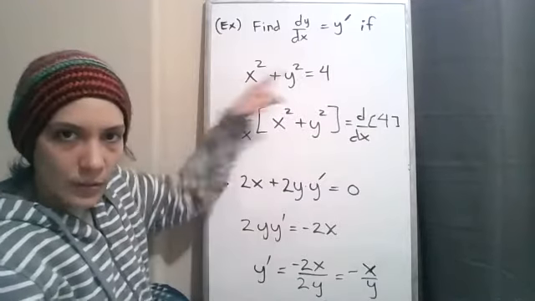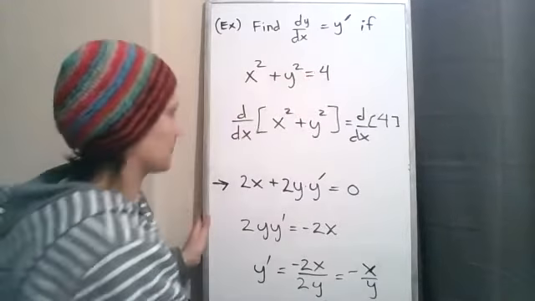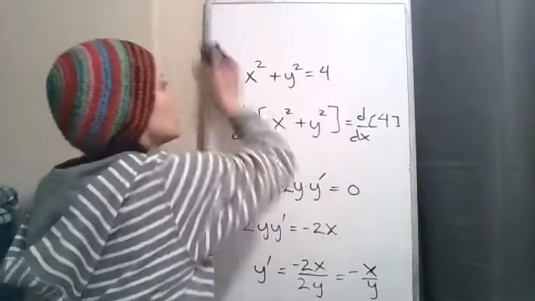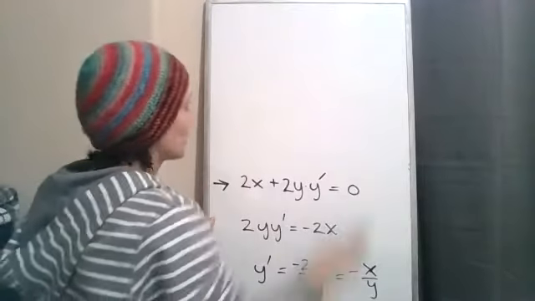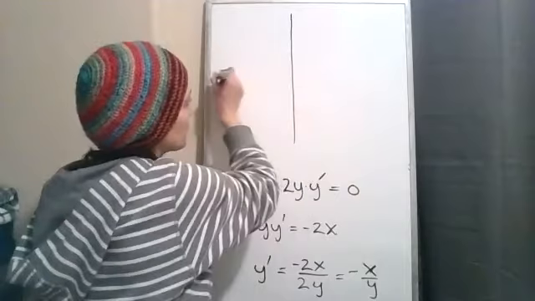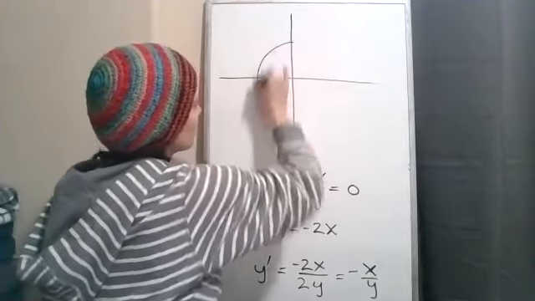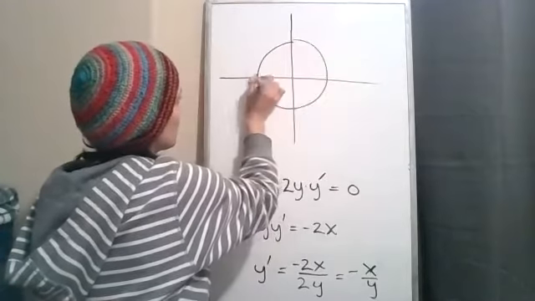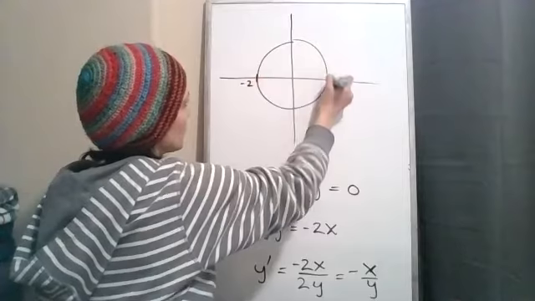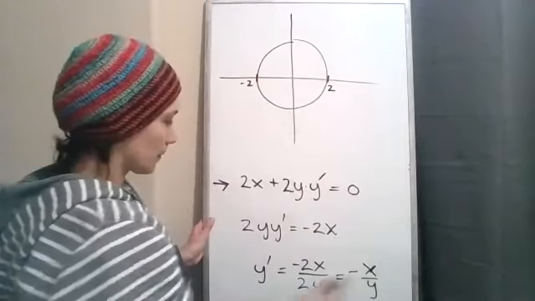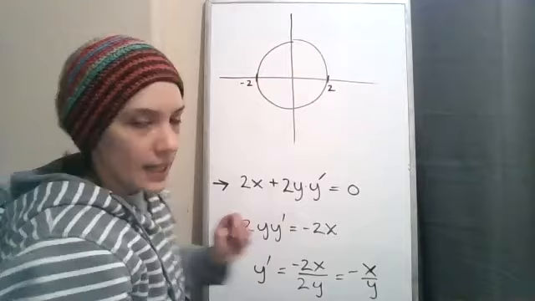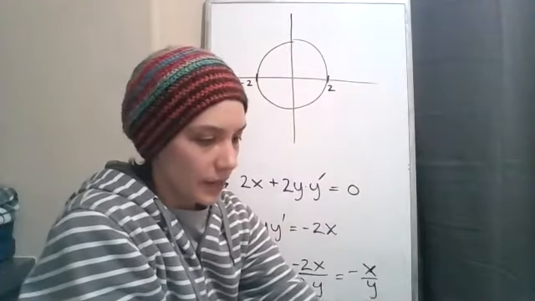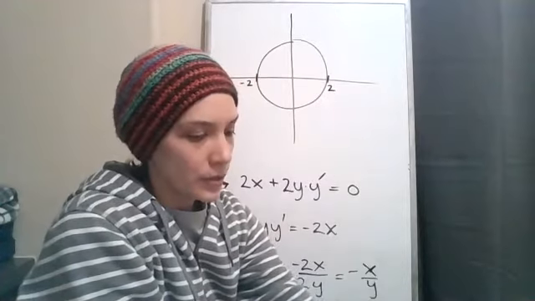This would be a circle with radius 2. And I found a point on the circle. So if you put in x equals 1, you'll get out y equal to square root of 3.